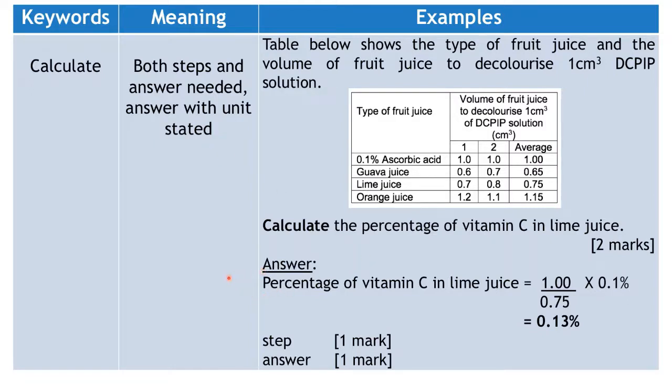We go to the sample answer. Percentage of vitamin C in the lime juice equals the volume of the ascorbic acid used divided by the volume of the lime juice used to decolorize DCPIP solution, multiplied by 0.1%. This working step will be given 1 mark, and the answer 0.13% will be given 1 mark.